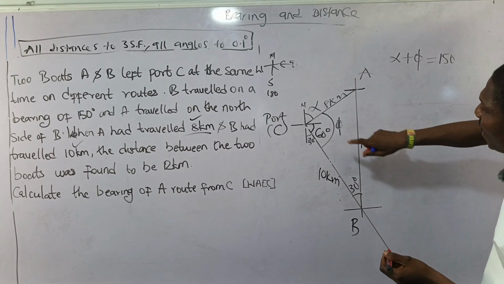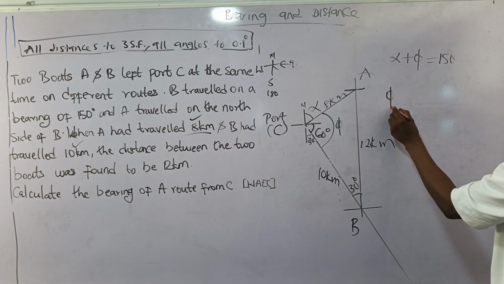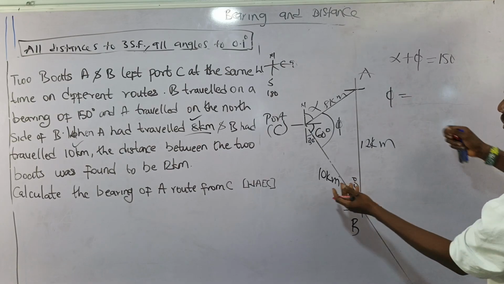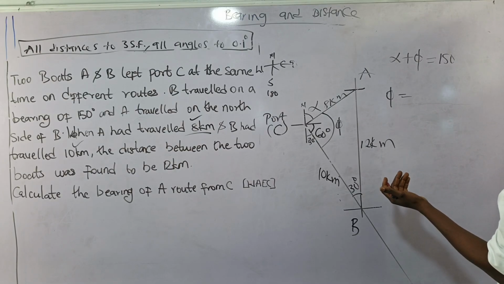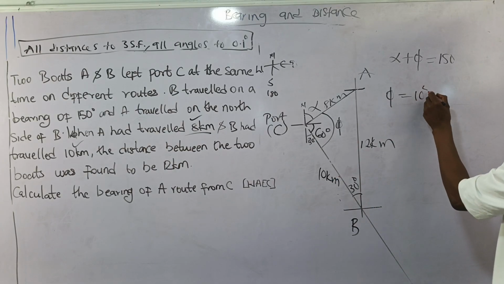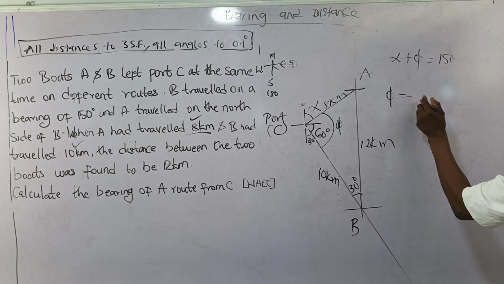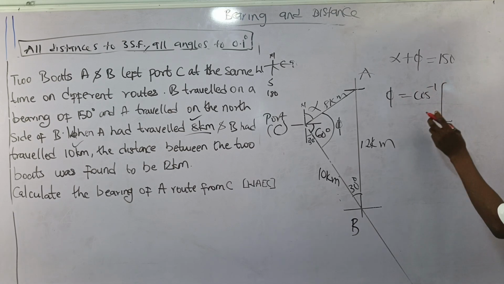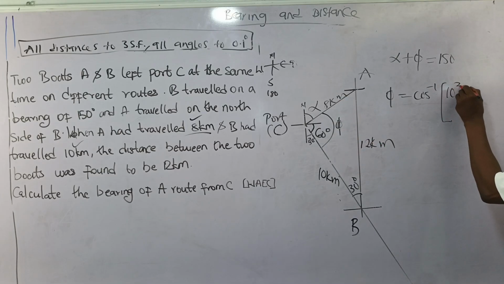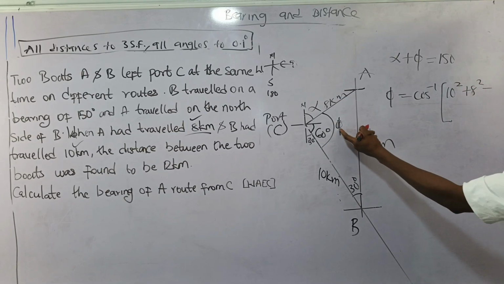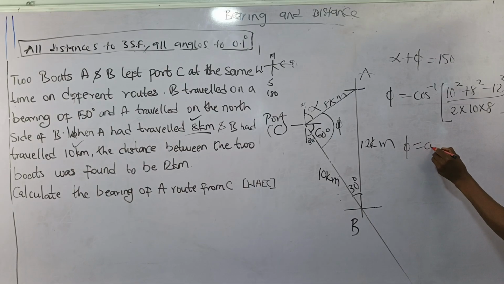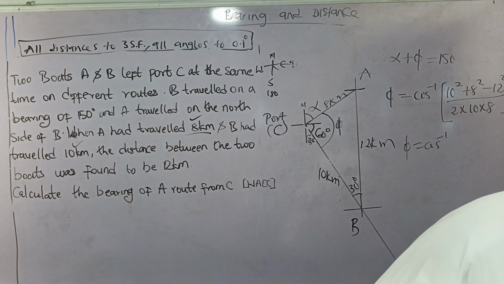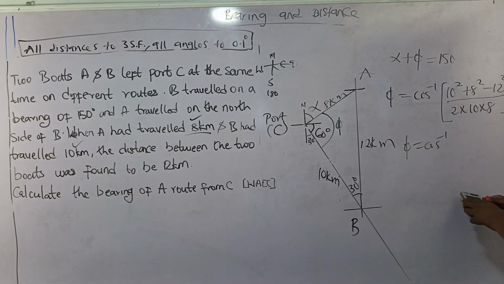Now to get my angle phi, I have 3 sides known. Using my cosine rule, phi equals cos inverse of the sum of the squares of the two other sides, 10 squared plus 8 squared, minus the square of the side the angle is facing, 12 squared, all over 2 times 10 times 8.